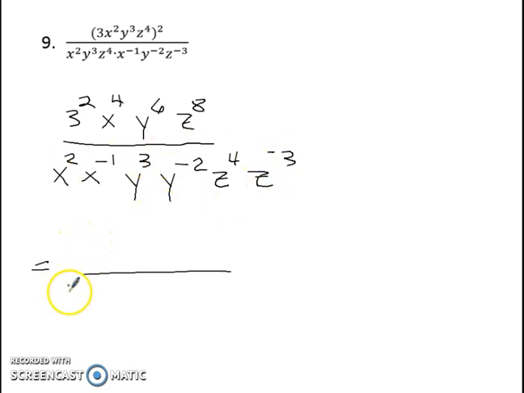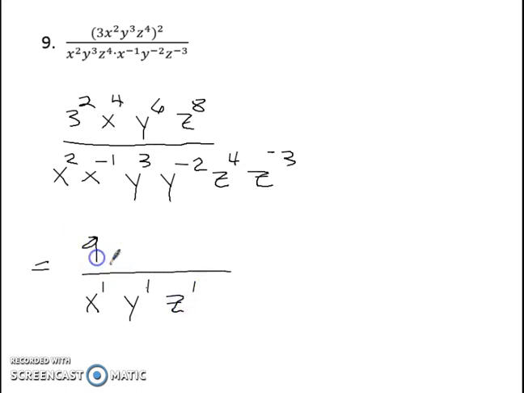We have x to the second times x to the negative 1. Remember that when we multiply the same base, we add the exponents. 2 plus negative 1 is 1. And then 3 plus negative 2 is 1. And then 4 plus negative 3 is 1.